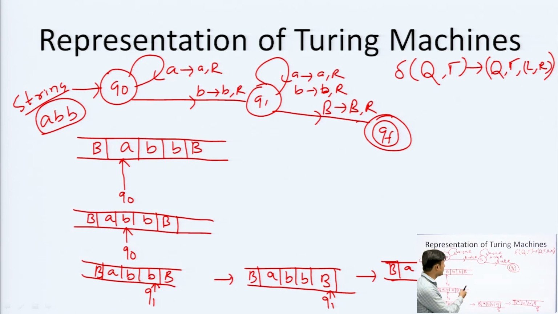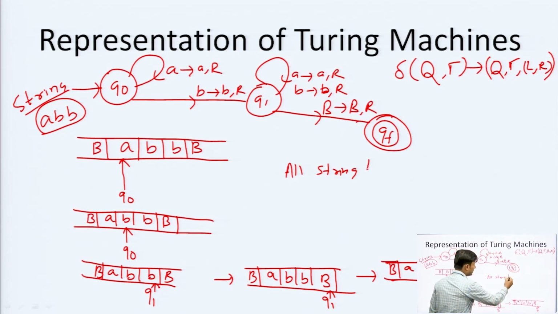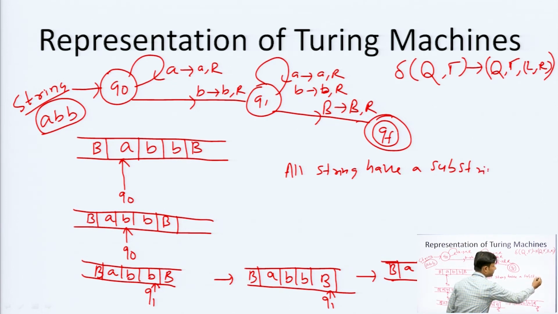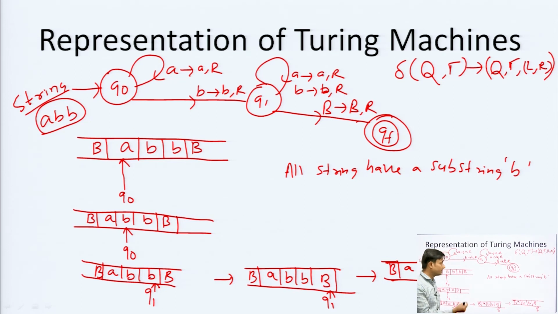This language, as in the diagram, is all strings that have B as a substring. If a string has B as a substring, it will be accepted, and this can be accepted by a finite automaton.